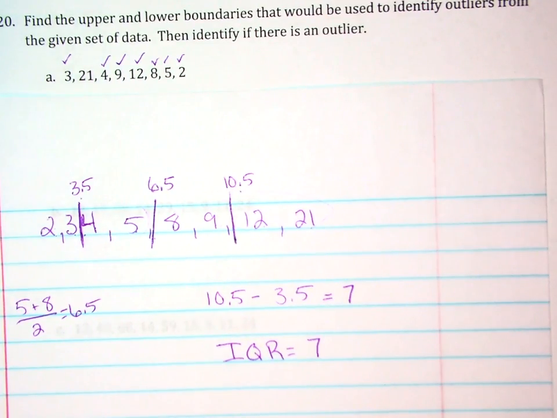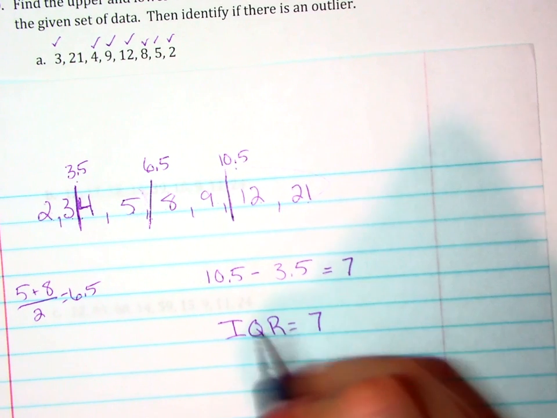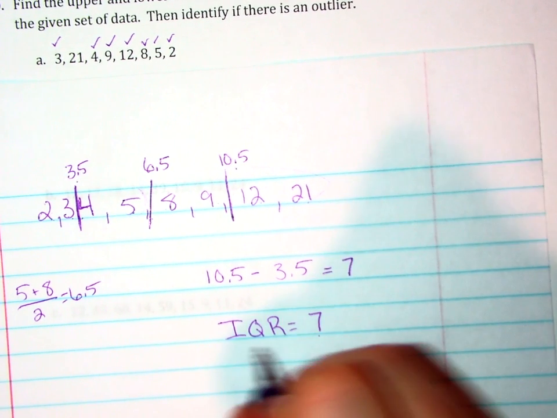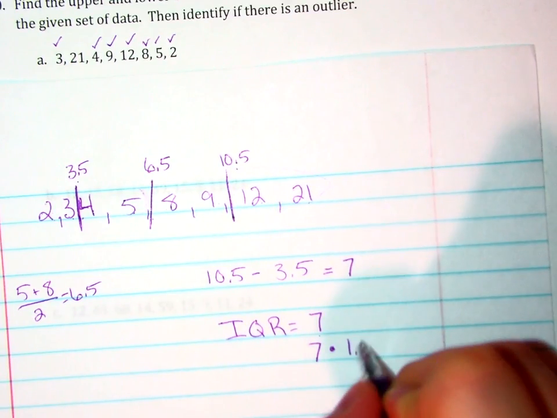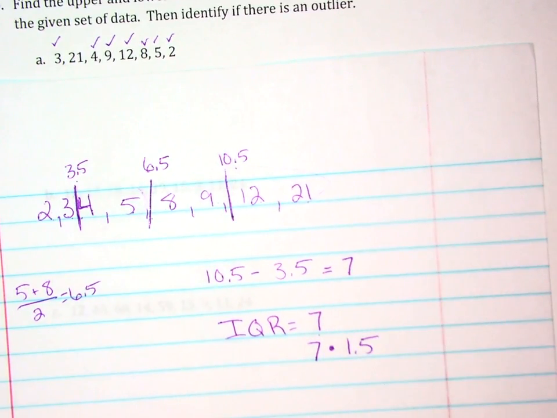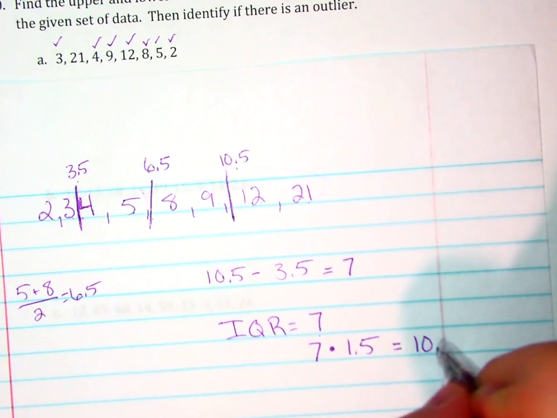Now that I know my IQR, we can use our general rule of thumb calculation in which I multiply the IQR times 1.5, which equals 10.5.